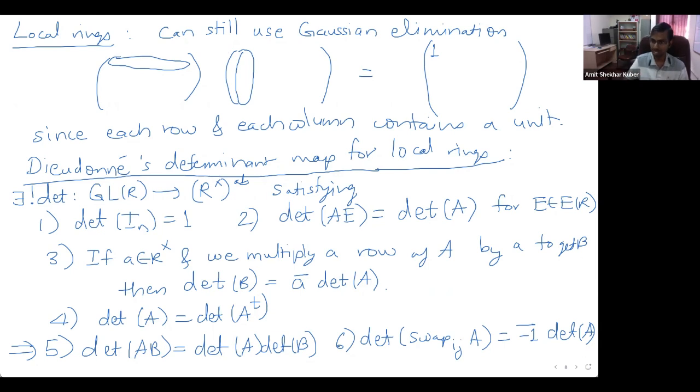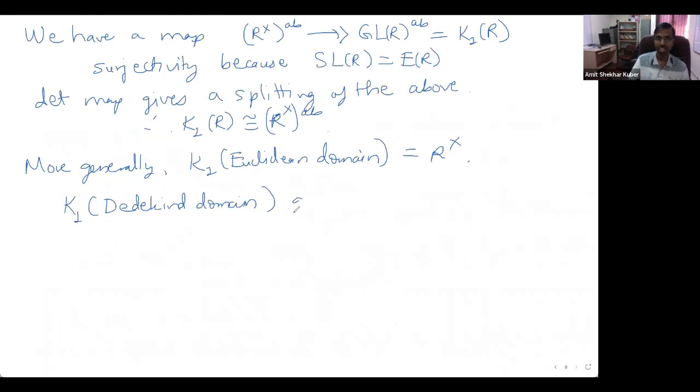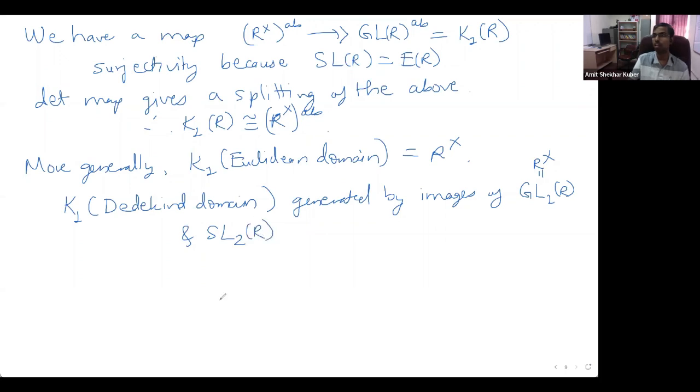So therefore, this is generated by images of, obviously you need GL1R, which is the same as R cross, and SL2.